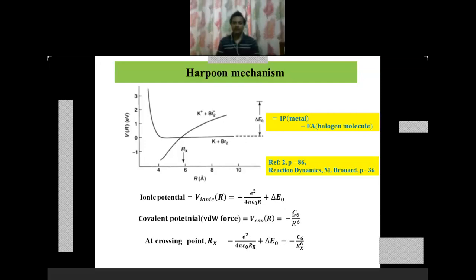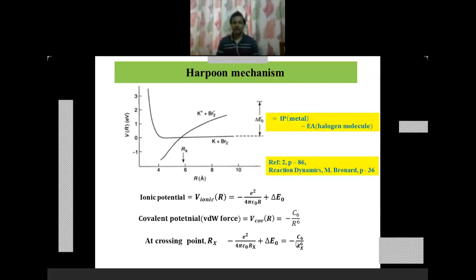So that is van der Waals forces. Now, if you look at this curve, when potassium and Br2 are neutral, then there is a very weak interaction, which is covalent interaction, going as 1 by r to the power 6, right?